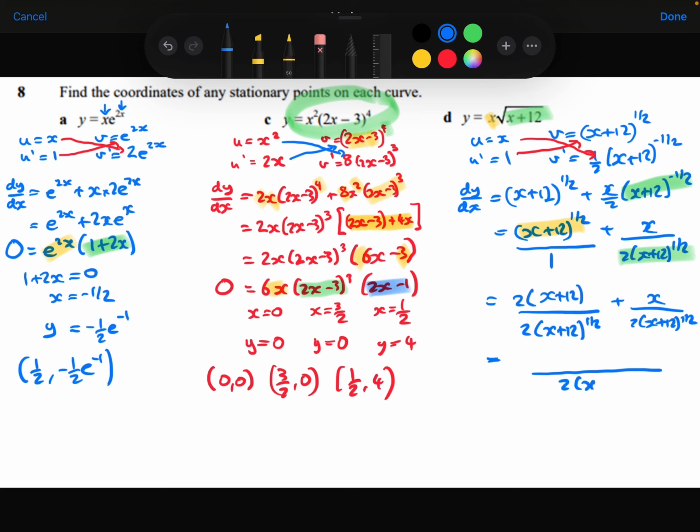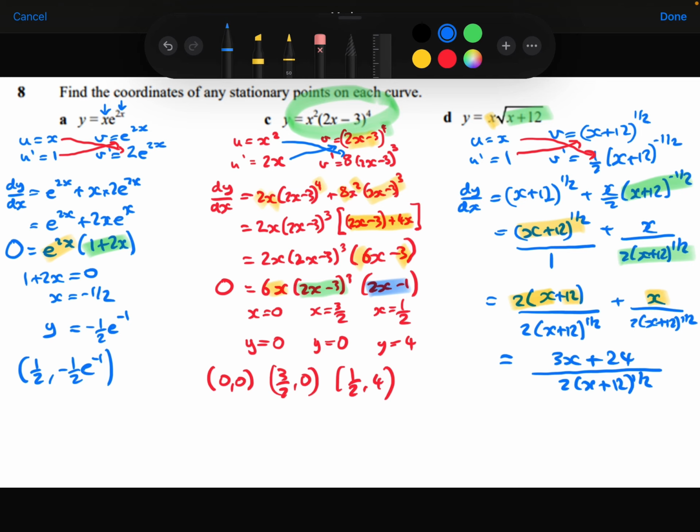Now I've got my common denominator, I can write these together as a single term, where I've got 2x plus 24 plus x, which is 3x plus 24. And that's my gradient function in its simplest form.